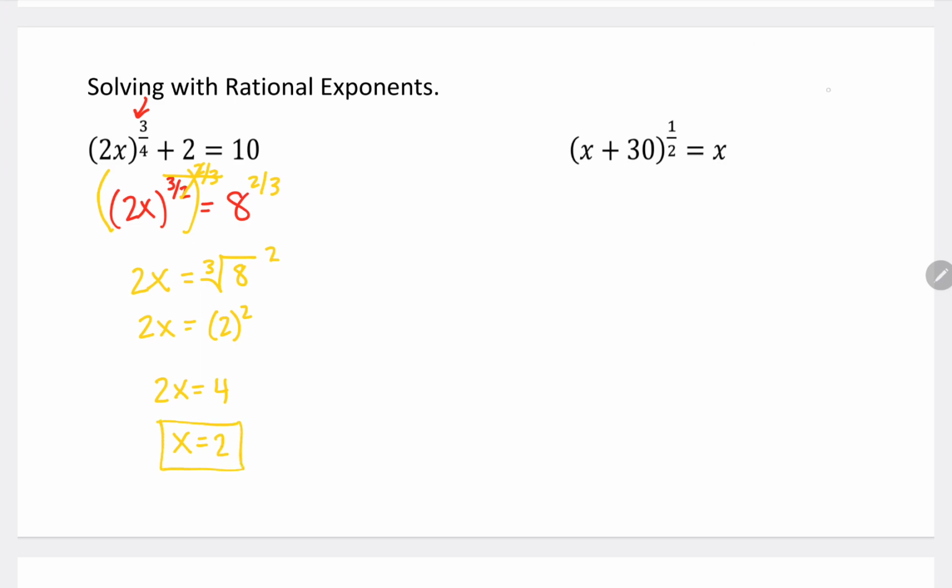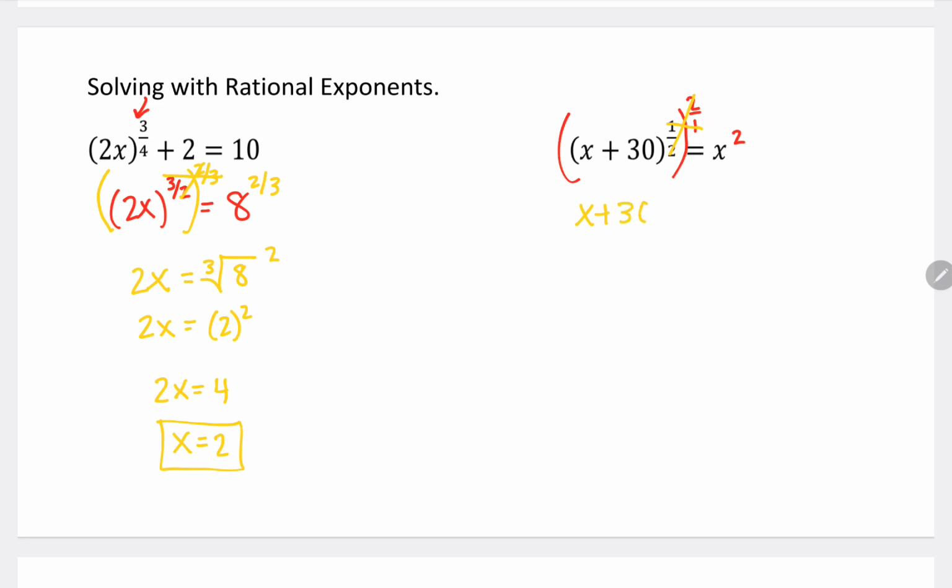Let's do another one. So on this one, we're getting rid of an exponent of 1/2. It's already isolated. So I'm going to raise both sides to the power of 2/1, or just 2. The reason we do that is because a power to a power, you multiply the exponents. So our new exponent over there is 1.